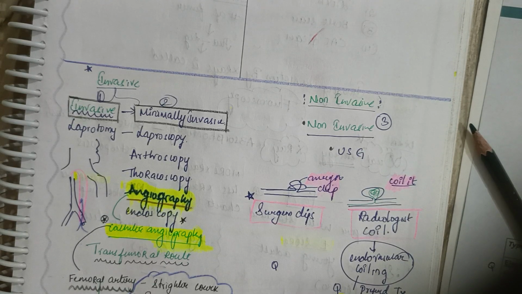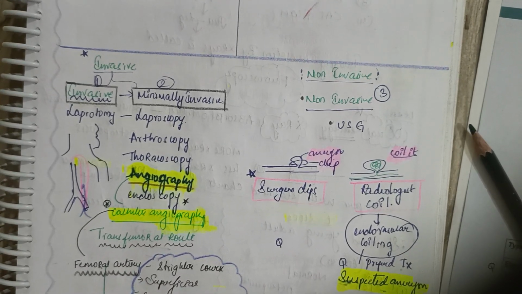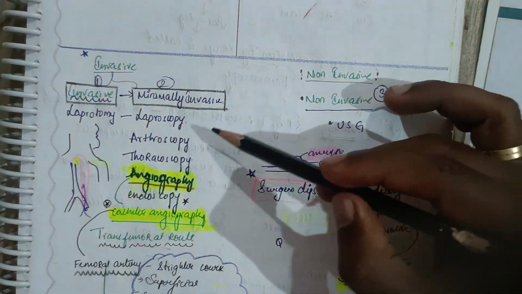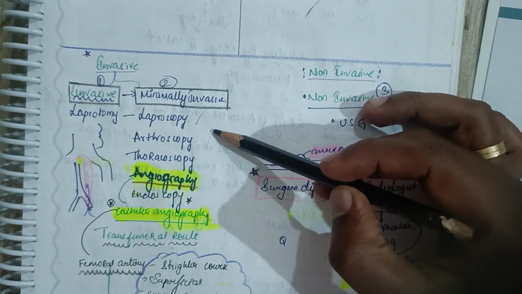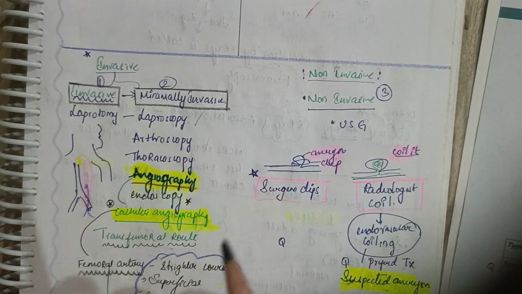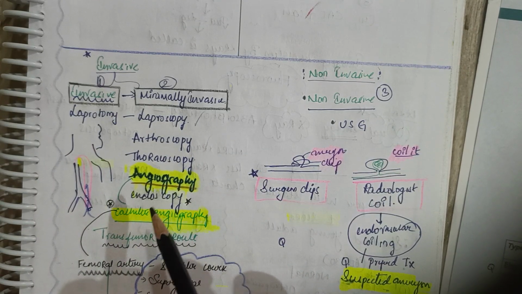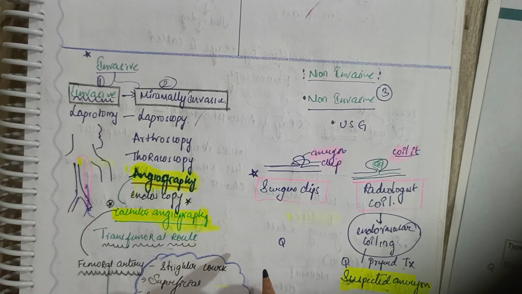Arthroscopy is for the knee. Thoracoscopy is for the thorax. And you have angiography and endoscopy. So laparoscopy, arthroscopy, thoracoscopy, angiography and endoscopy are minimally invasive.